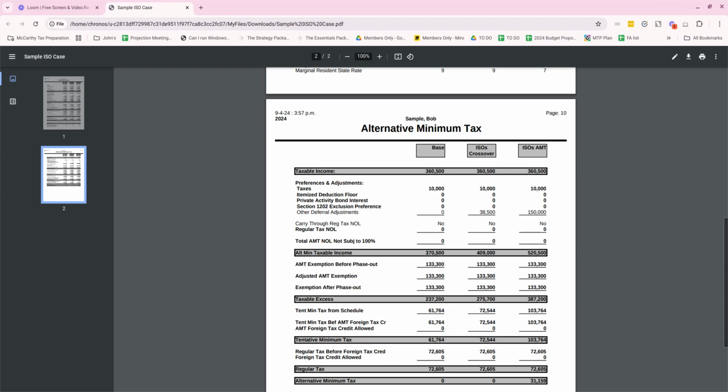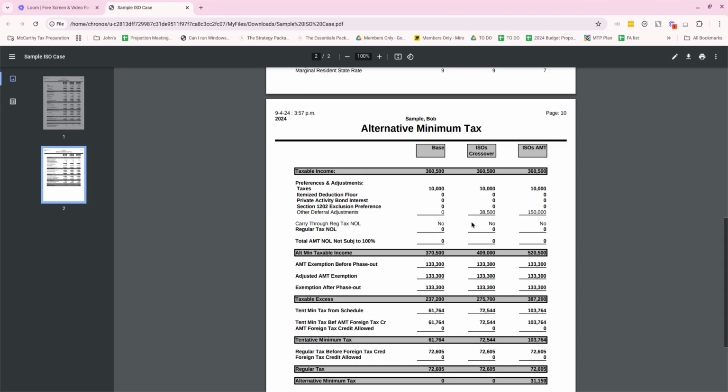So for instance, if your stock is worth $10 per share right now and you have a $1 exercise price, the spread on each share that you exercise is $9. So when we look at the 38,500, and divide that by $9 a share of spread, that would tell us you could exercise about 4,200 shares of stock and not be subject to AMT in this situation.